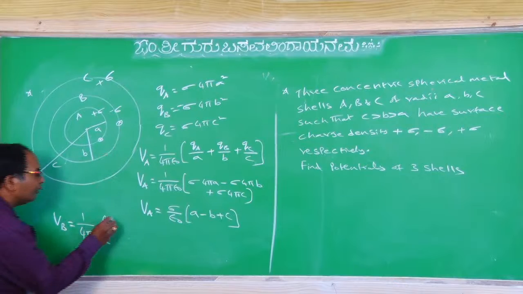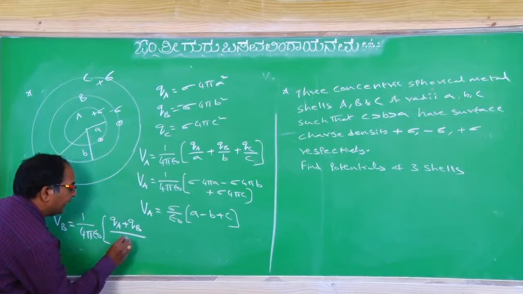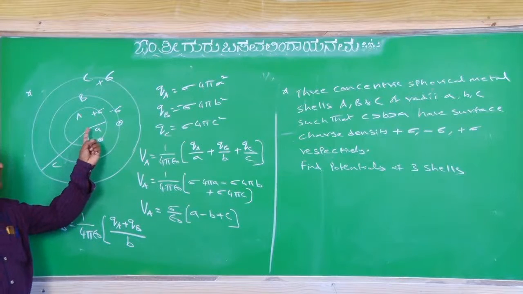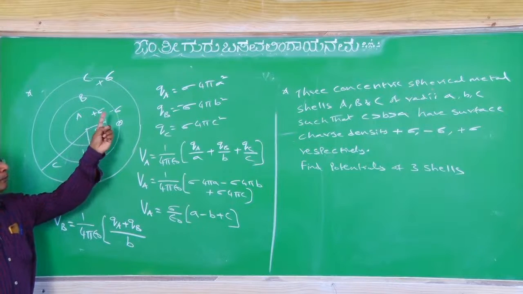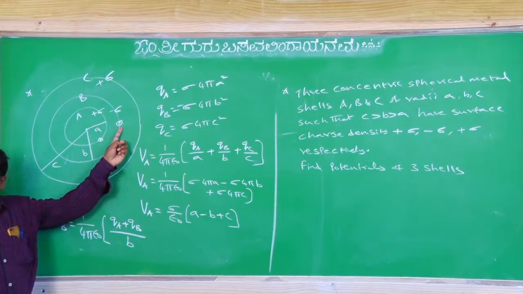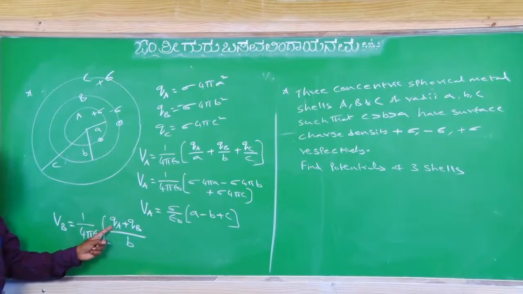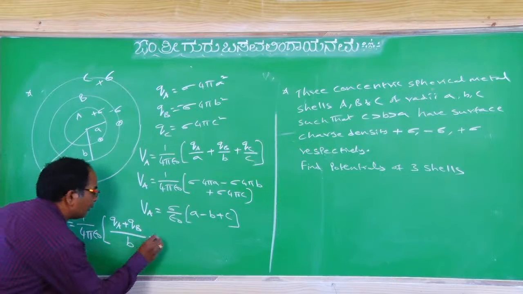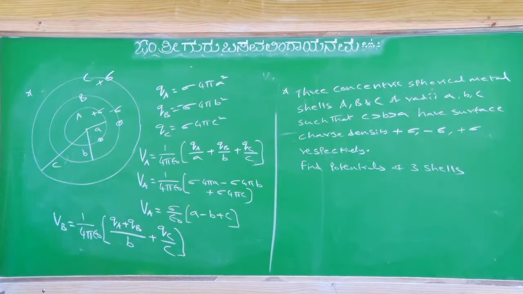That means QA plus QB divided by b. Now this inner sphere is there, and its charge is also considered on the outer sphere. That means on the outer sphere the total charge is QA plus QB divided by b, plus the total outer QC by c. This is an important point here.